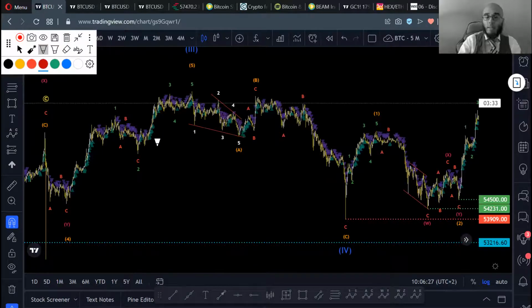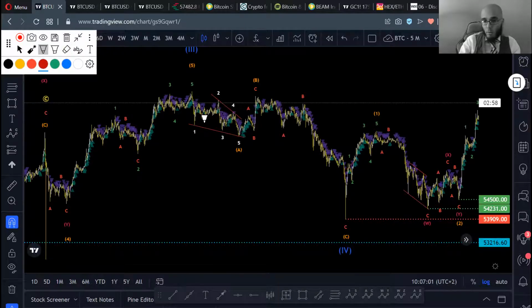Okay, and after that correction, the A, B, C, I was expecting an X wave. So I was expecting that this would be an X wave. And then I was expecting one more ABC down. So I was expecting a double zigzag. And that did not happen. What did happen was that we traced a wave 1, which subdivides into 5 waves, 1, 2, 3, 4, 5.